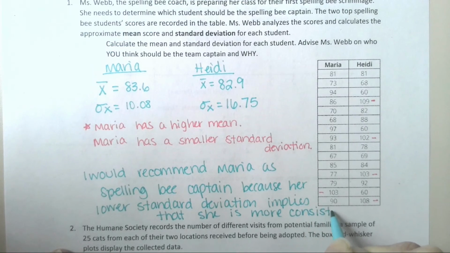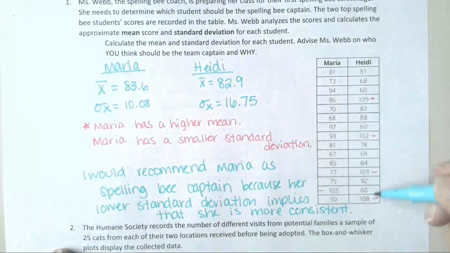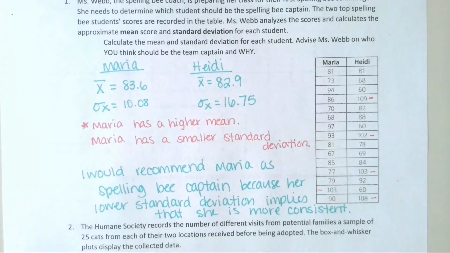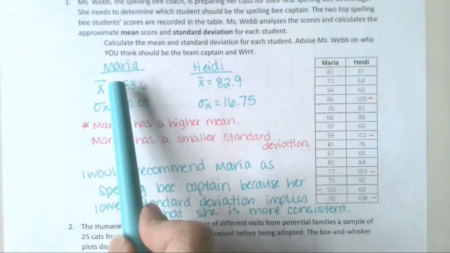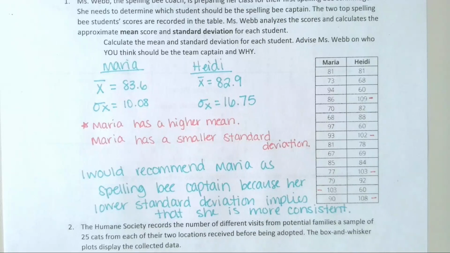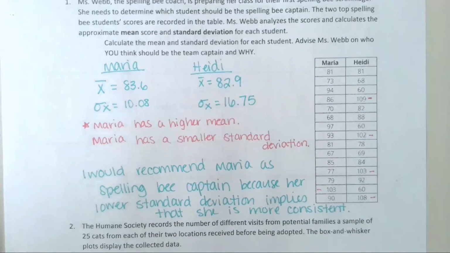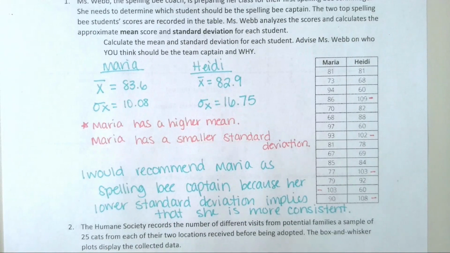While Heidi has a chance of scoring higher, she also has a chance of scoring lower. And Maria is going to score more consistently around her average than Heidi will. So with Heidi, you're kind of taking a chance, but with Maria, it's a little bit more guaranteed that her scores will be more consistent.